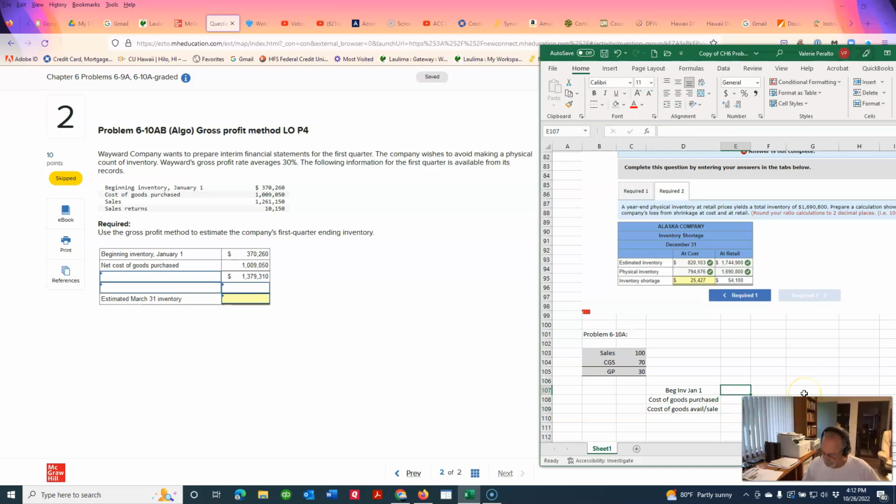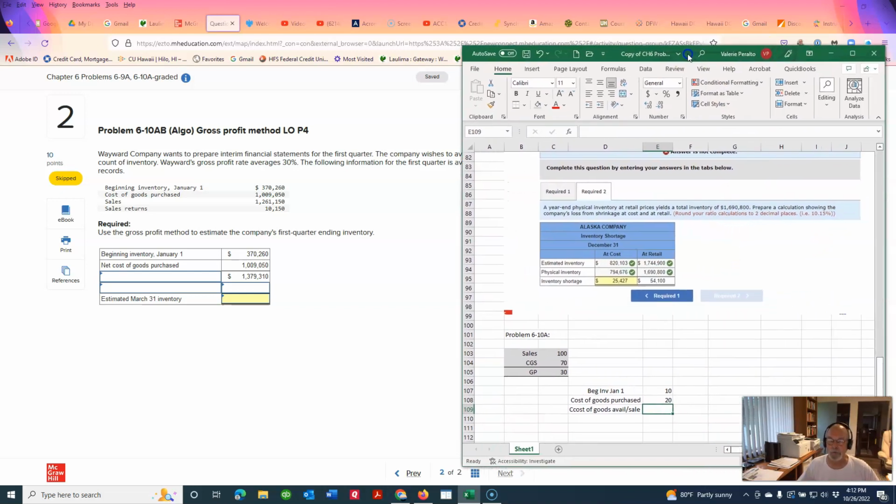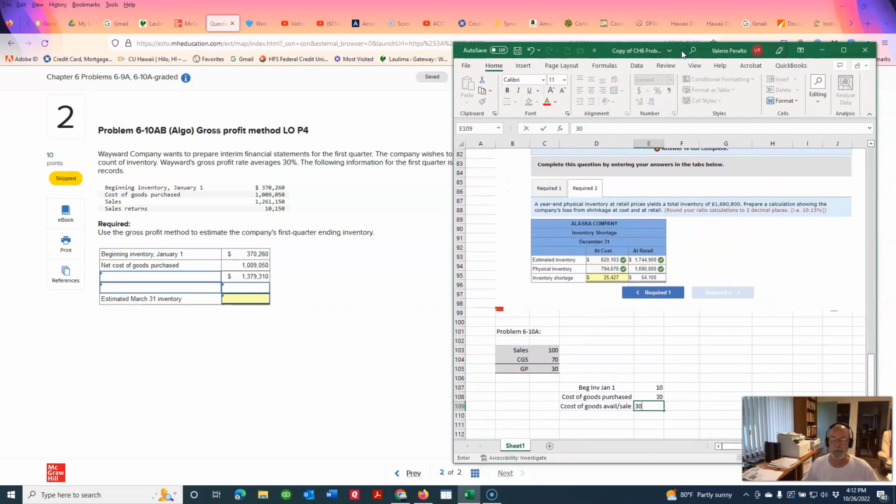Again, if we start out with 10 and we buy 20, then that means we have 30 total available for sale. Okay, again, this is another basic inventory and cost of sales equation.